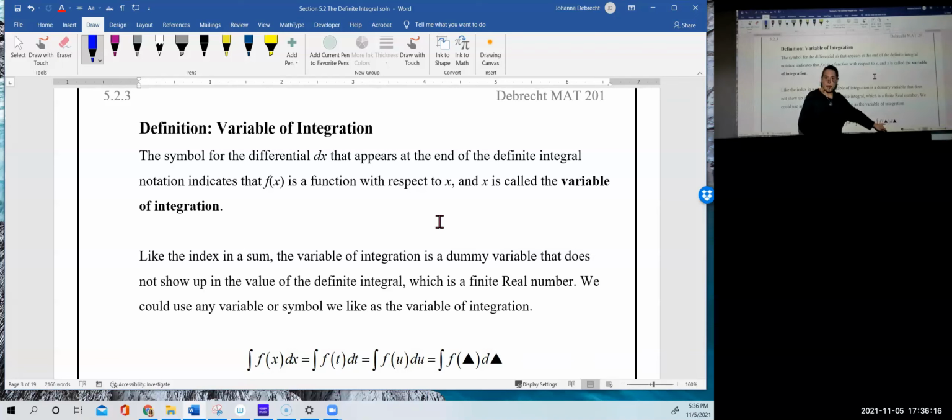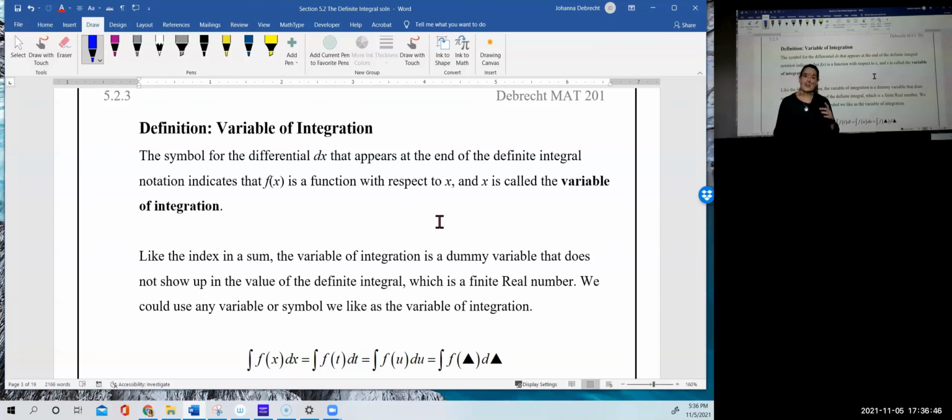So we have a finite real number as our value for the definite integral. What we use for the differential and for the variable inside the integrand is completely arbitrary. Now, I will say we typically do use x, and we typically also use t and u. Those are the most common ones you see, but there's no reason why you can't use a triangle symbol or even a happy face if you feel like it.